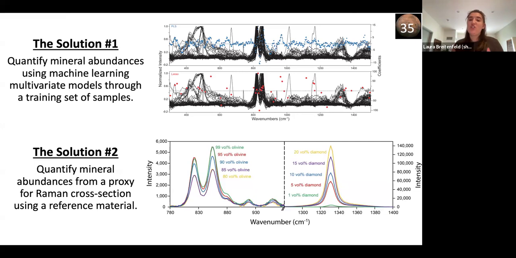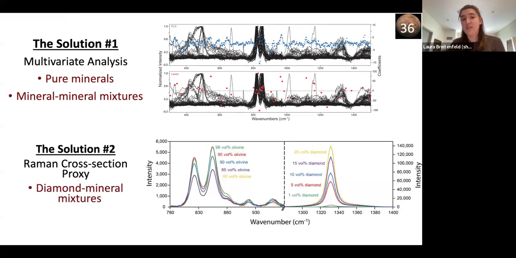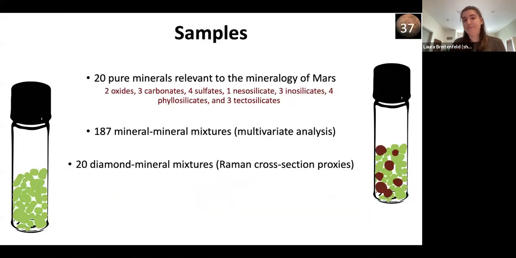And as you change the proportion of those mixtures, the relative signal strengths vary. So in solution one, we're using pure minerals and binary mineral mixtures to create these multivariate analysis models. Whereas in our second solution, we're using diamond mineral mixtures to evaluate these Raman cross-sections.